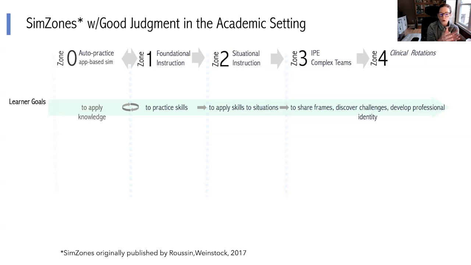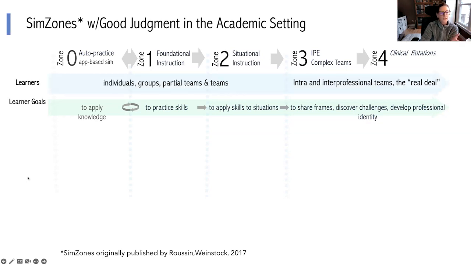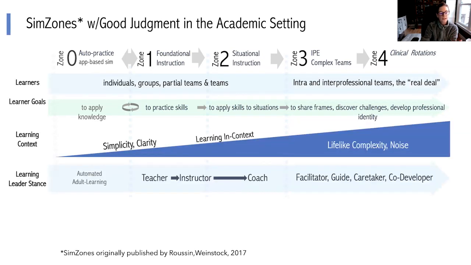So the learner goals are the same thing: knows how, shows, does, performs. And from the faculty standpoint, we are coaching, teacher, instructor, coach. And then towards the end, we are facilitator, guiding, caretaker of the team, and co-developer of knowledge.